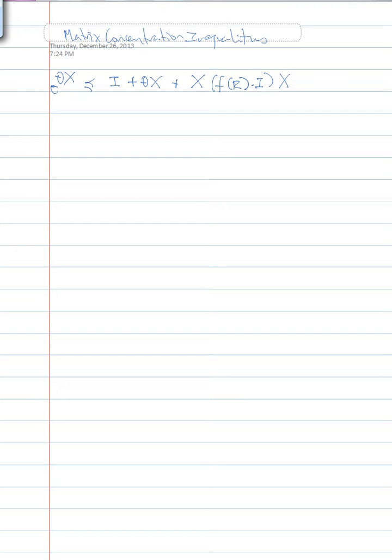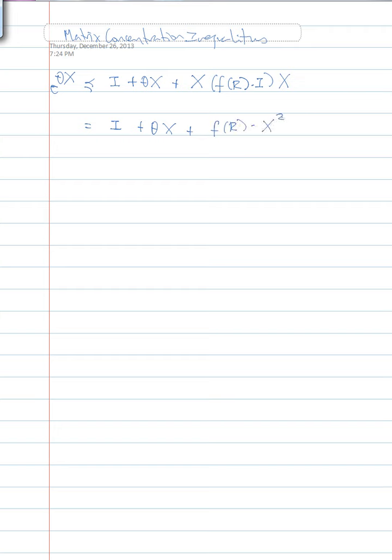So continuing, we get the following: e to the theta x is less than, in the matrix ordering, I plus theta x plus x times f of r times the identity times x. I've substituted f of r times the identity for f of x. But then this is just I plus theta x plus a scalar f of r times x squared.